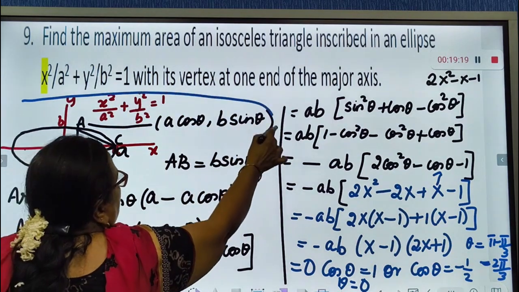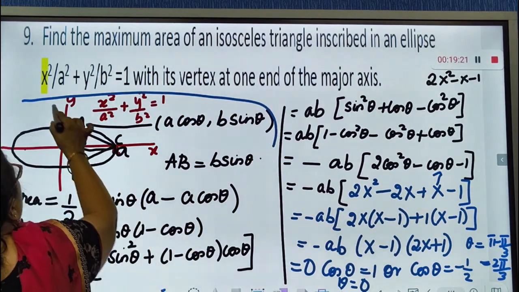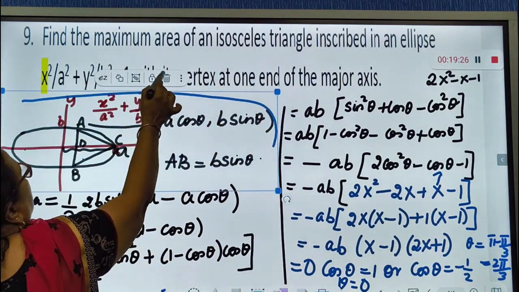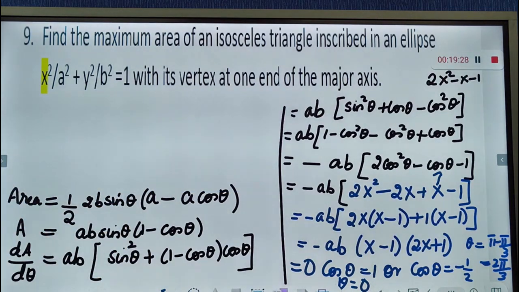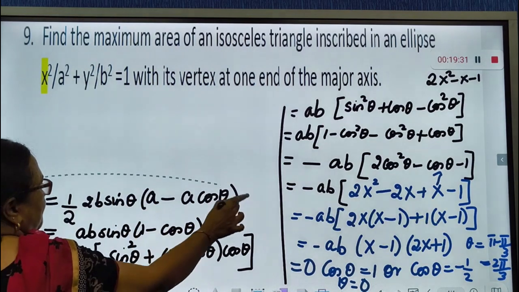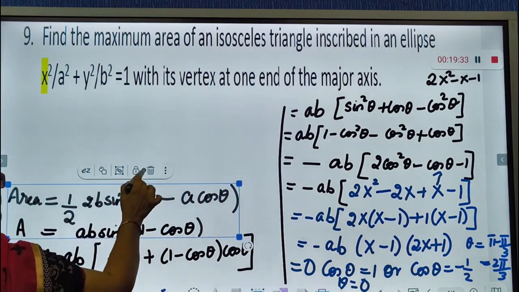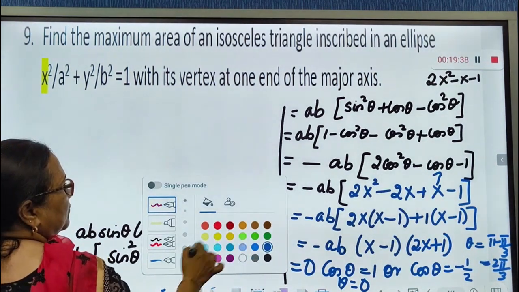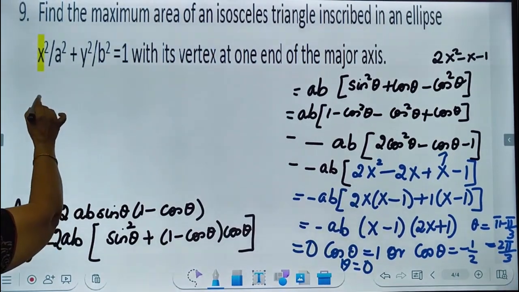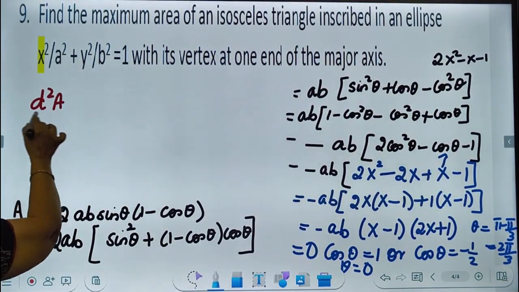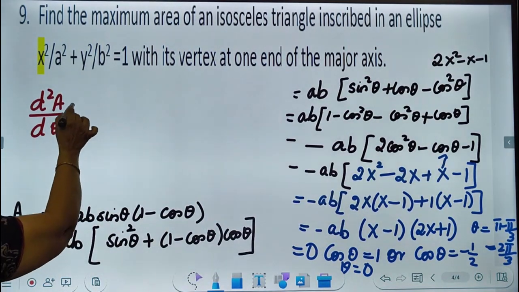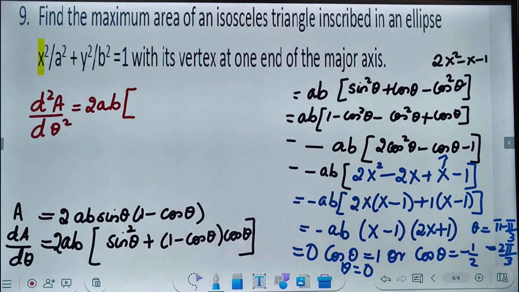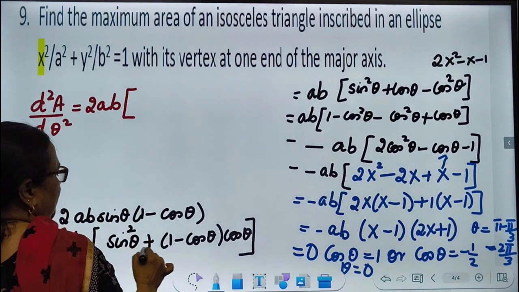So I'm going to remove this for lack of space. Now let's look at d square A by d theta square, which will be 2AB into, let's differentiate this.